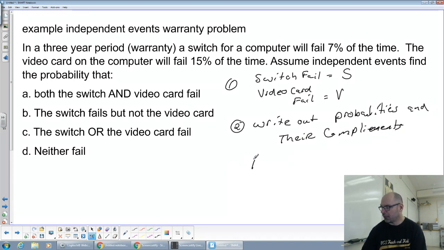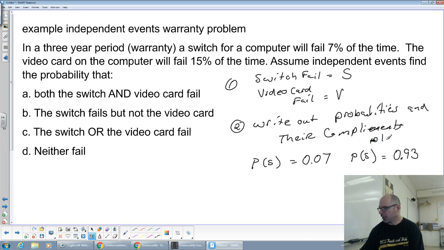Okay, so probability that the switch is going to fail. The probability that the switch in the computer fails is 7%, so 0.07 if we write it as a decimal. Probability that it doesn't fail is 100% minus 7, which would be 93%, which would be 0.93. So that's 1 minus 0.07.